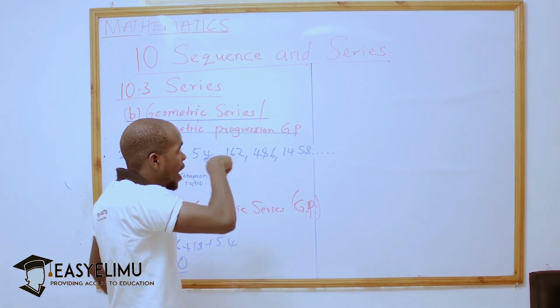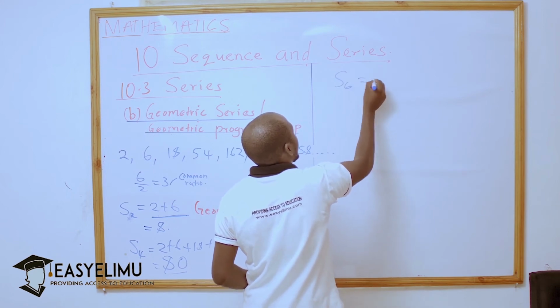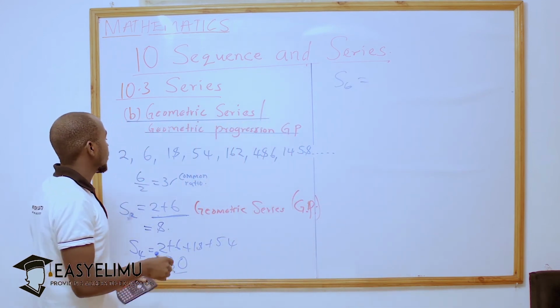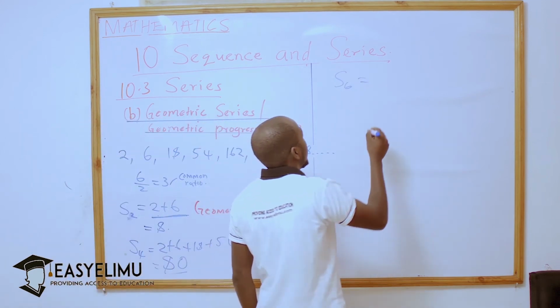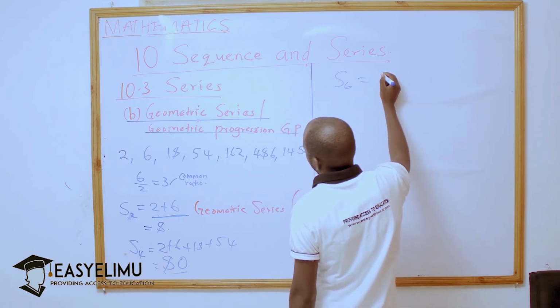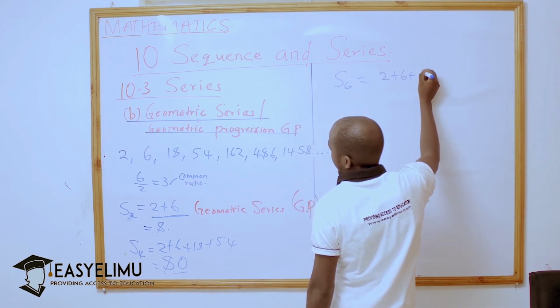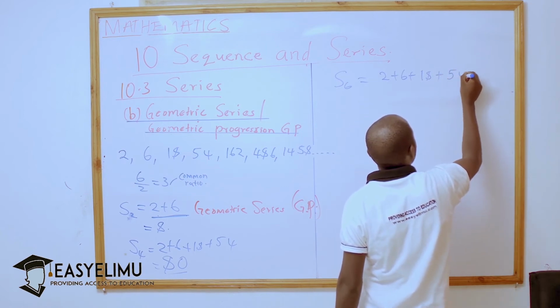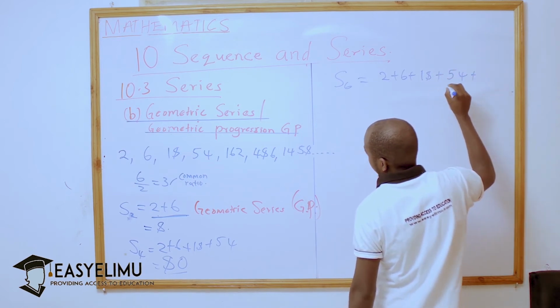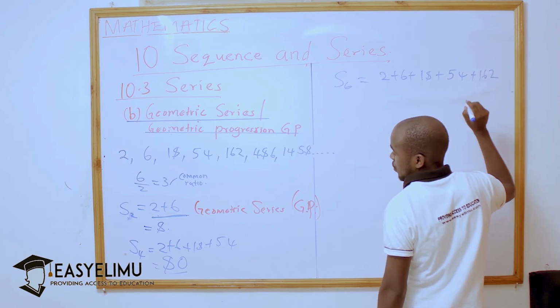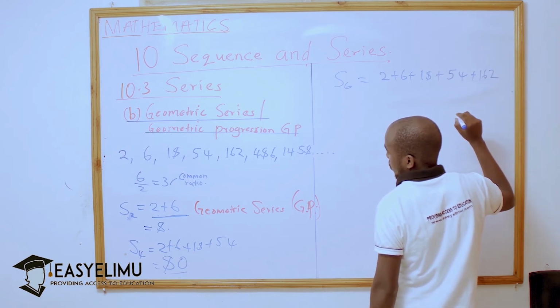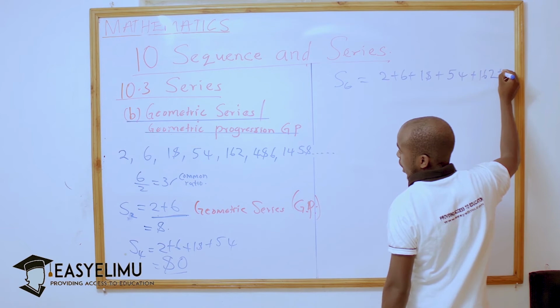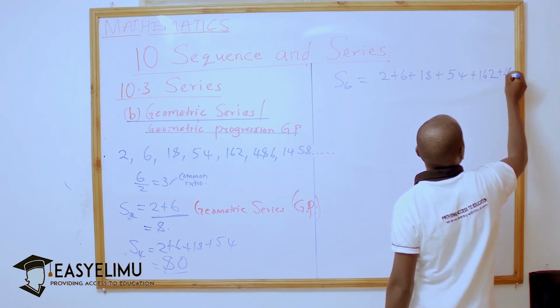The same can apply if you sum 6 terms: you are going to have 2 plus 6 plus 18 plus 54 plus 162, then you add 486.